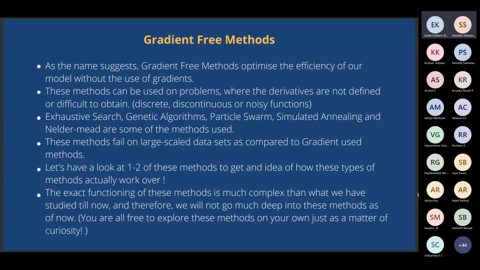Sir, which is the best one, gradient or gradient-free, and which is mostly used? Mostly, I guess the gradient methods are used, because I'll come to that, the gradient-free methods require a lot of effort and time.